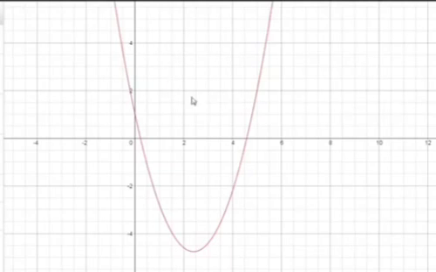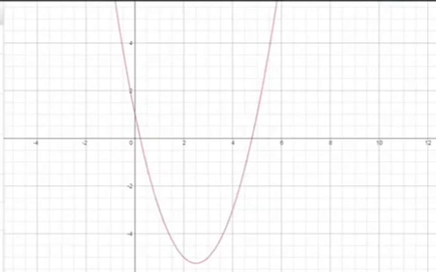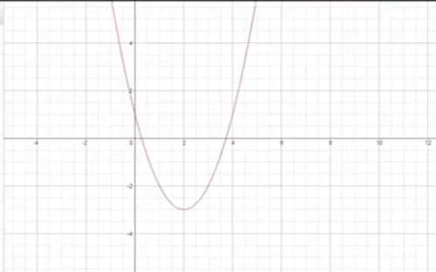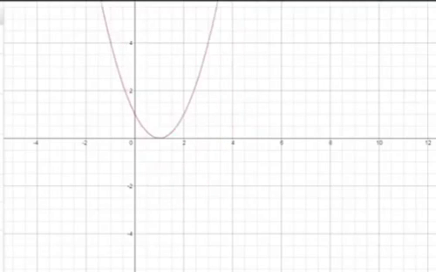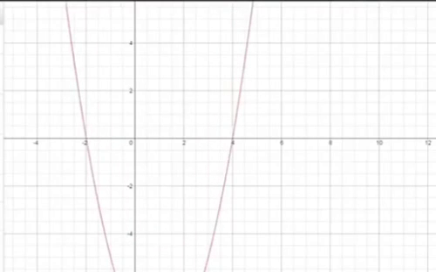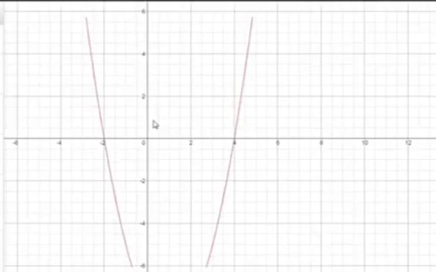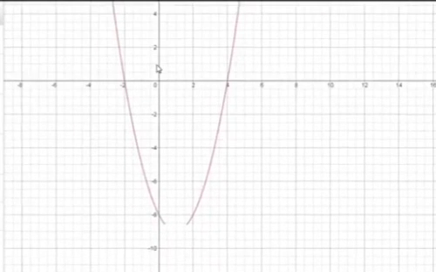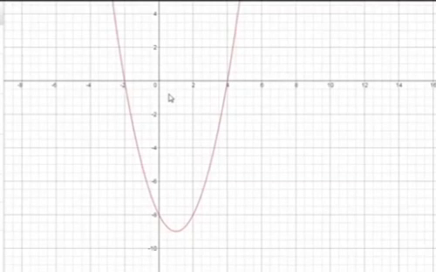If we just look at the graphing calculator, this is a positive quadratic equation, and let's put some nice numbers in. This is the quadratic equation, y is equal to x squared minus 2x minus 8.